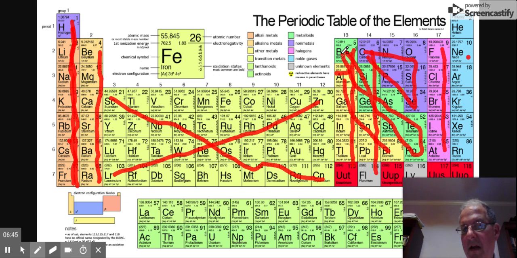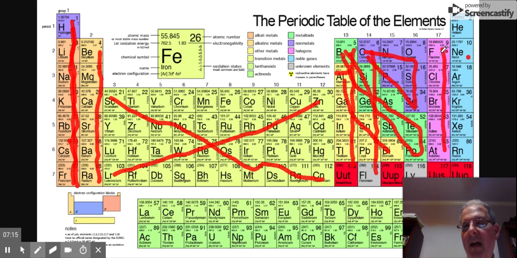Another name besides metalloids is semiconductors. And that's indeed what they're used for in computer and electronic equipment, where we take advantage of their ability to resist the flow of electricity somewhat, but not fully.